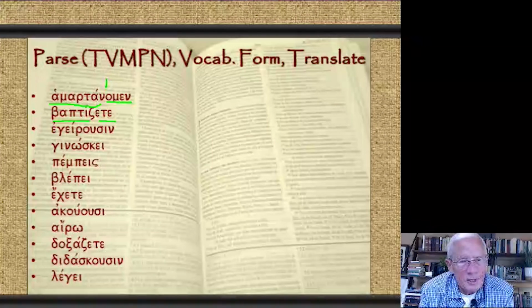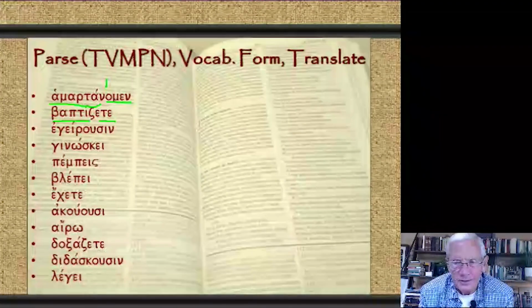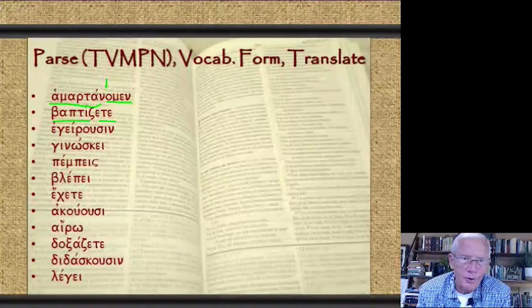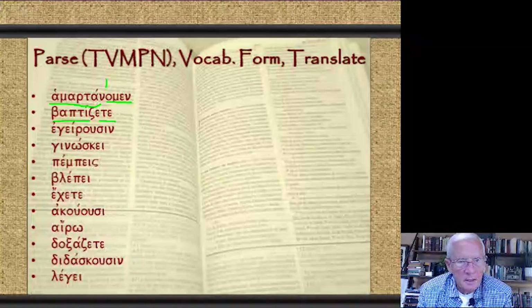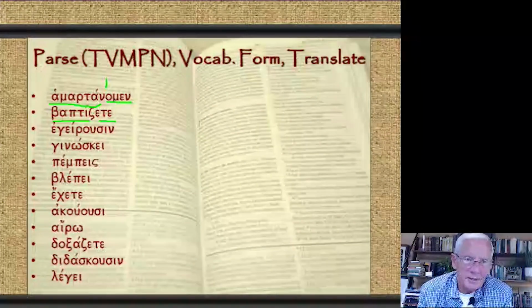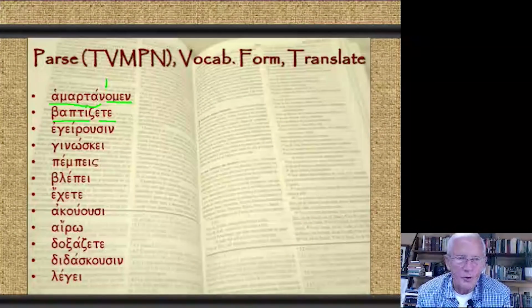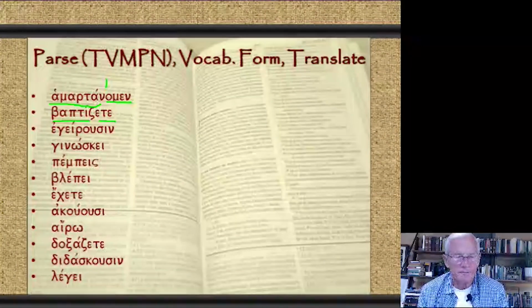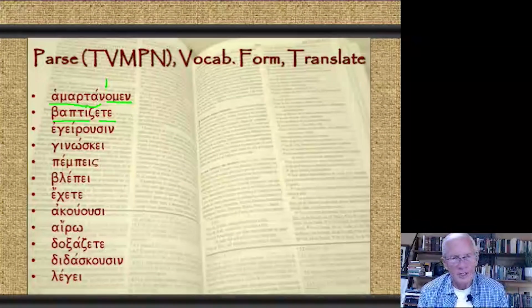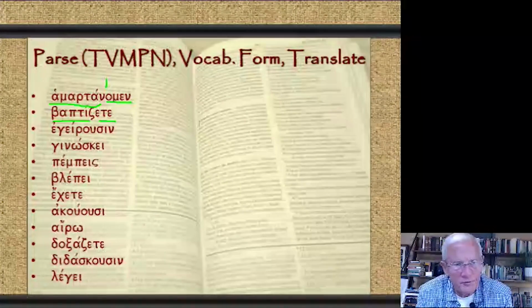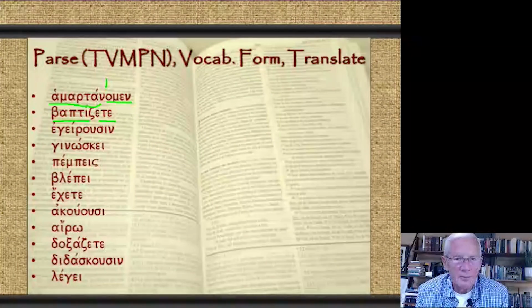All right, the first one, hamartanomen. Present active indicative, first person plural. We sin, or we are sinning. Baptidzete, present active indicative, second person plural, you baptize. Egerusin, present active indicative, third person plural, they raise up.